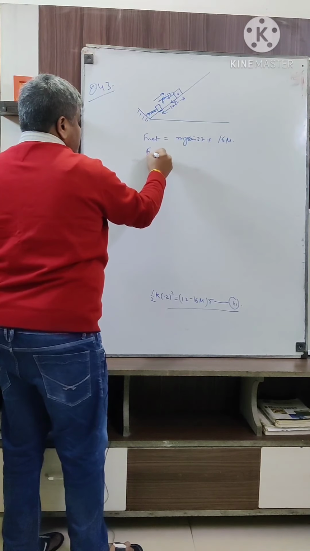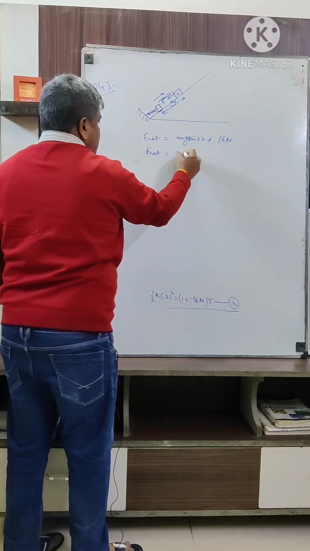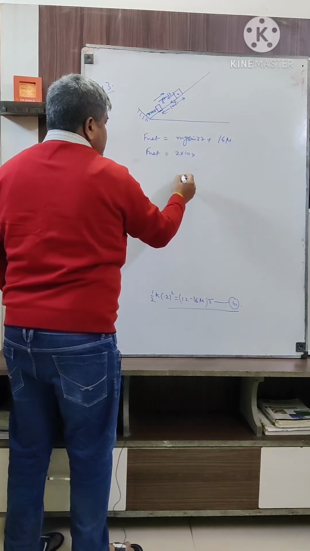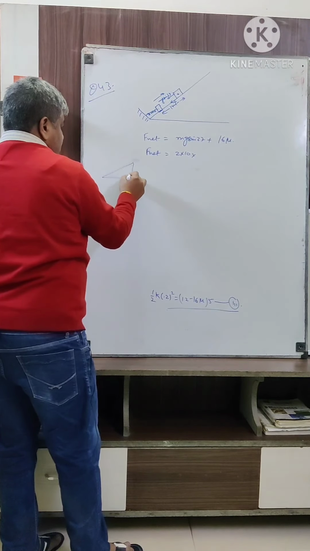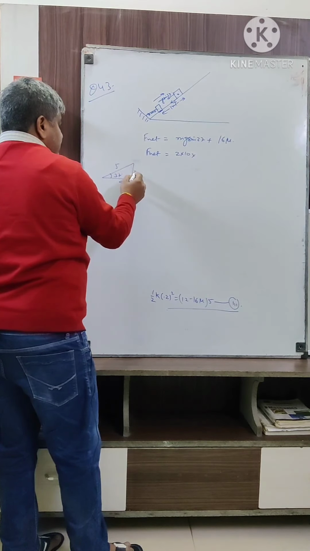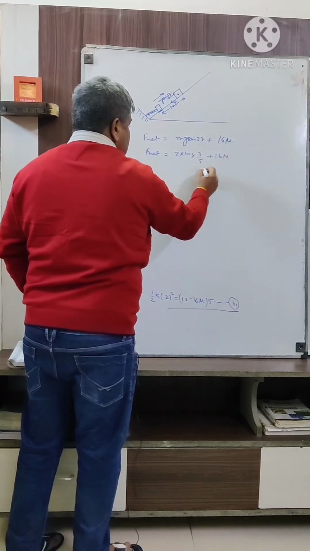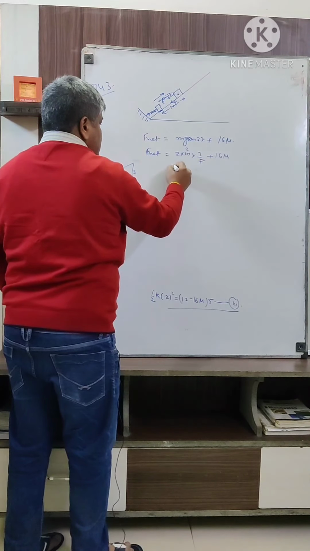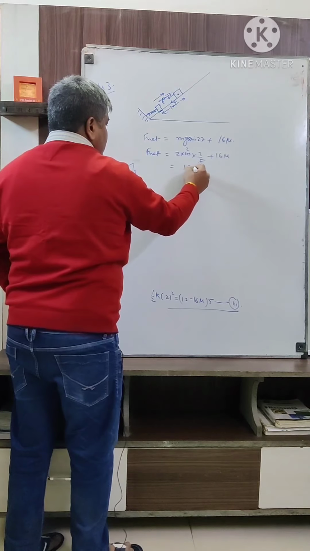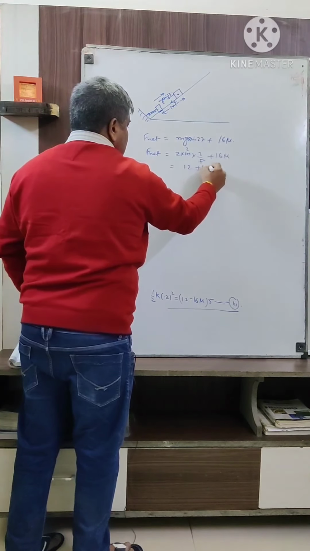So F net is equal to 2 into 10, and sin 37 we can find from this 3, 4, 5 triangle. So sin 37 is 3 by 5, times 2 into 10, plus 16 mu. So it is 12 plus 16 mu.